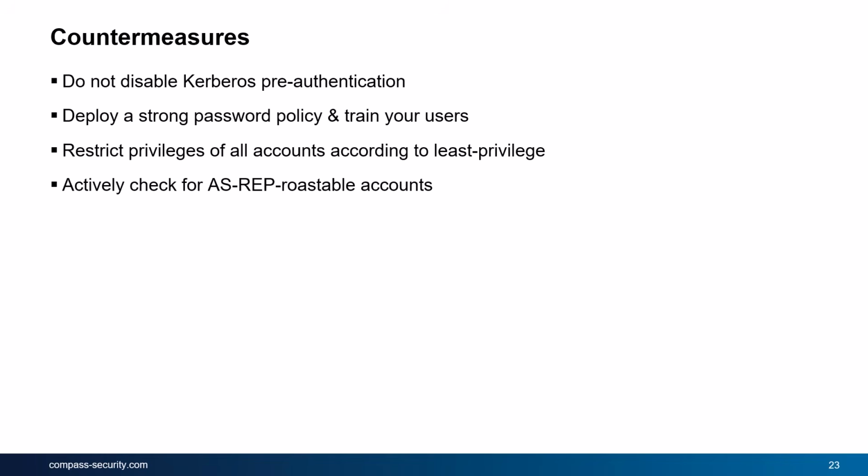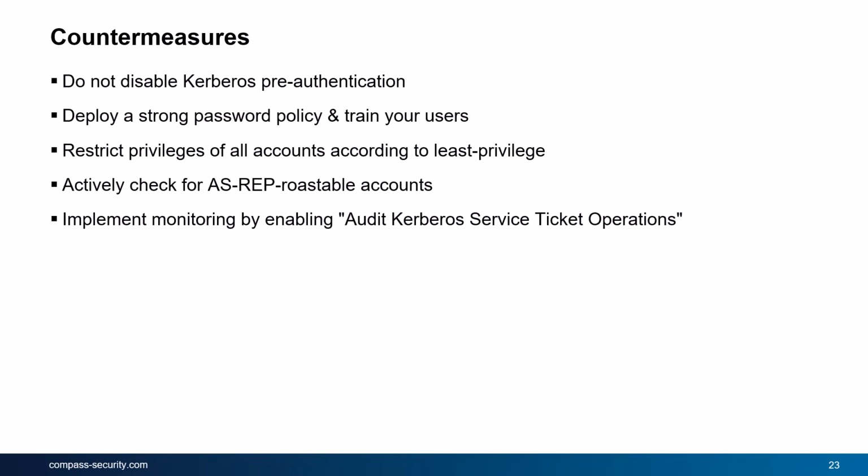Then what you can do periodically is to actively check for ASRep roastable accounts. With the PowerShell command we've seen before with LDAP queries, you can simply check your domain for accounts that are susceptible to ASRep roasting. By the way, PingCastle will also point that out to you. Lastly, you can also implement monitoring if you enable the audit Kerberos service ticket operations on your domain controllers.